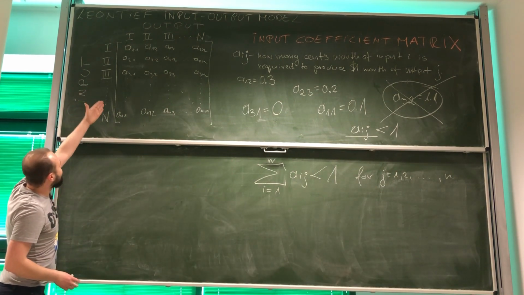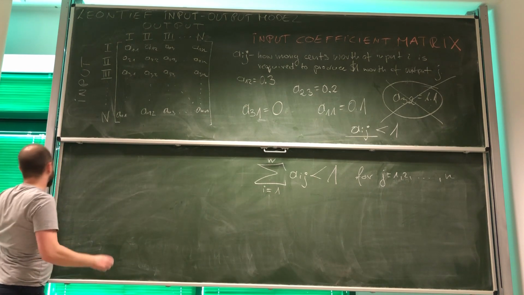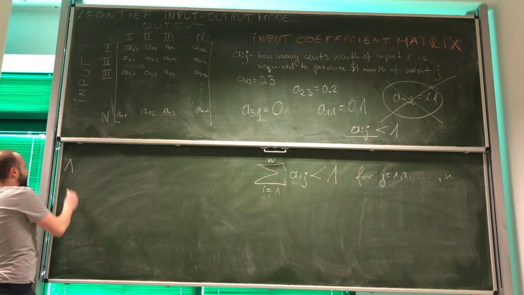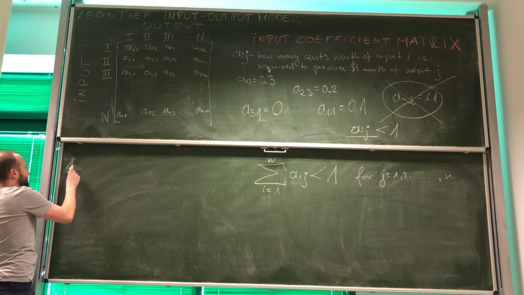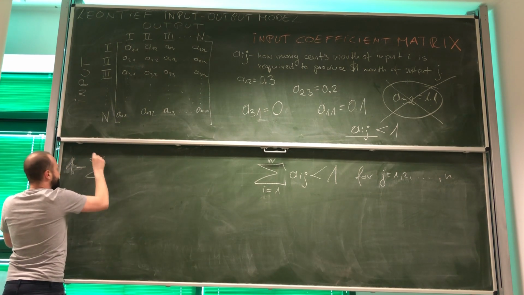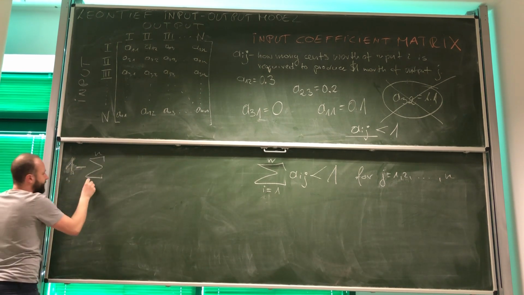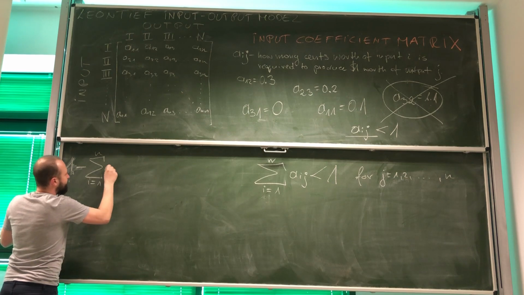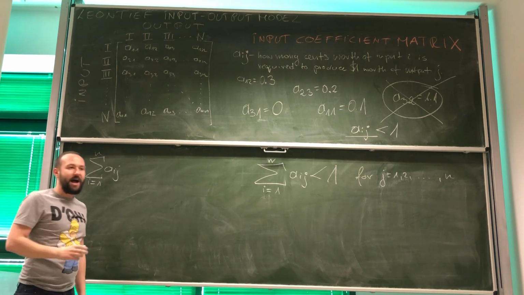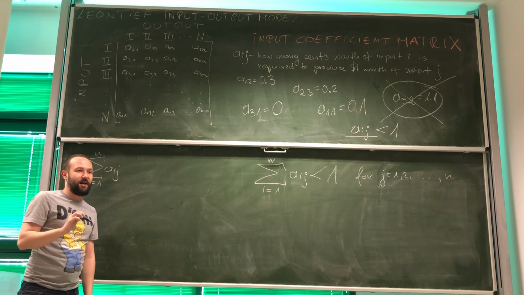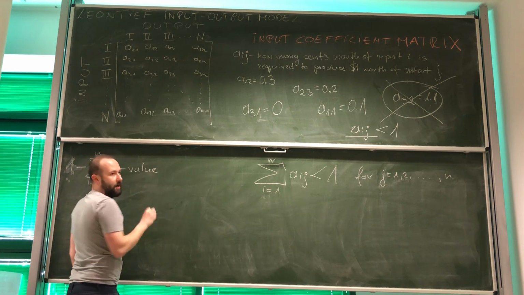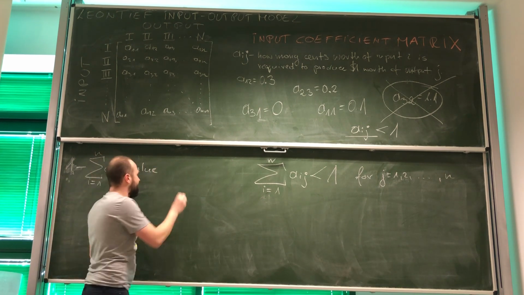If I sum up any column, and take this sum and subtract it from 1, so $1 worth, for some given column j, I'm going to get the value of primary input.